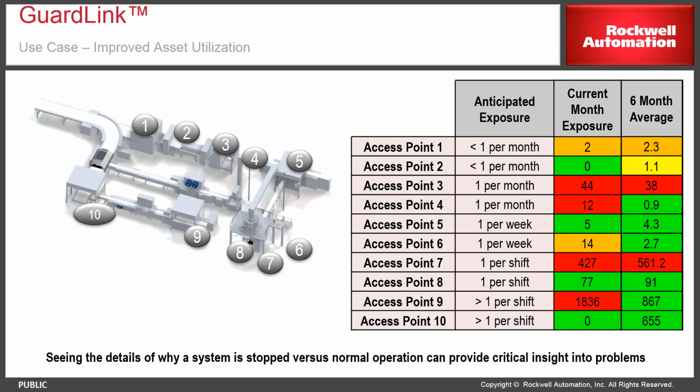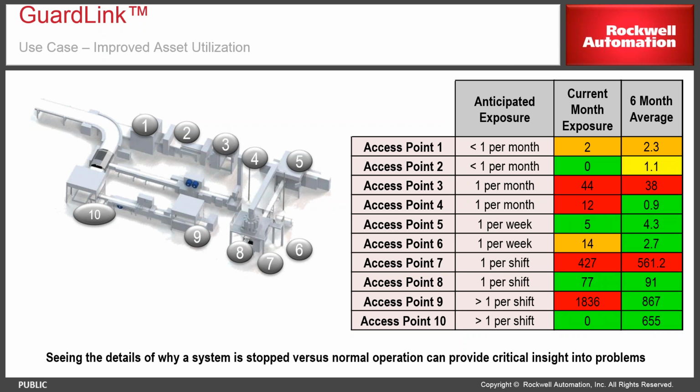So this kind of analytical data can actually help us to investigate more as to why the operator is accessing that area more. And if you look at access point 10, for example, the current month exposure shows 0, whereas it should be at least 1 per shift or 3 per day. So this is a clear indication that somebody has bypassed that safety access. So they are bypassing and using it, and that is why the current month exposure is shown as 0.